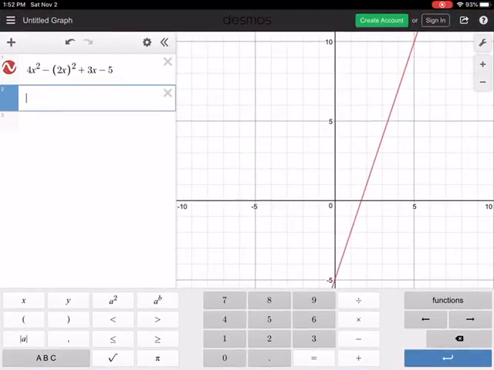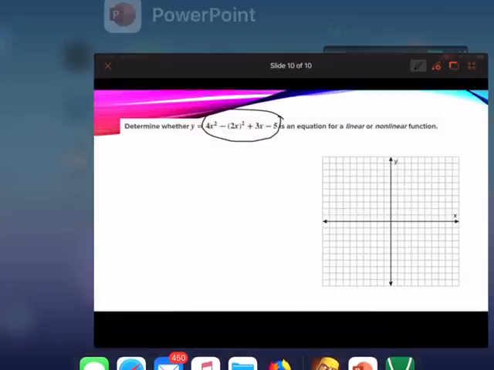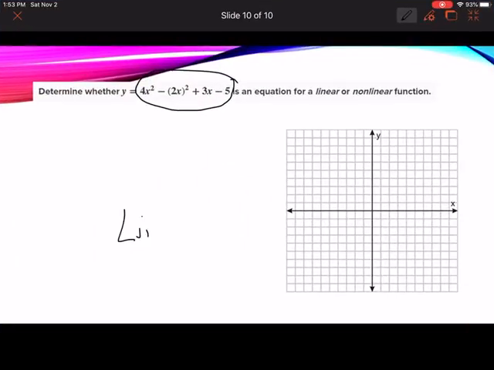So when I put that equation into Desmos, this is what I get. And then I have to ask myself, well, is that linear or non-linear? Well, it looks pretty linear to me because it's a straight line. And there's no curves, bends, or stops. So this is linear.